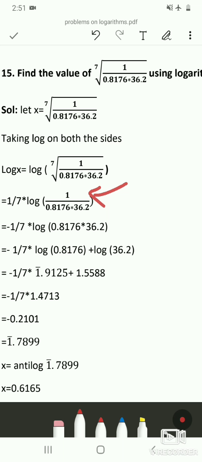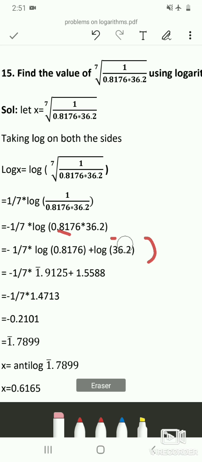So the next term would be minus log of n, that is minus log of 0.8176 into 36.2. So therefore there is a minus sign over here, and again this is of the form m into n, use the first law, therefore you'll get minus 1 upon 7 into log of 0.8176 plus log of 36.2.